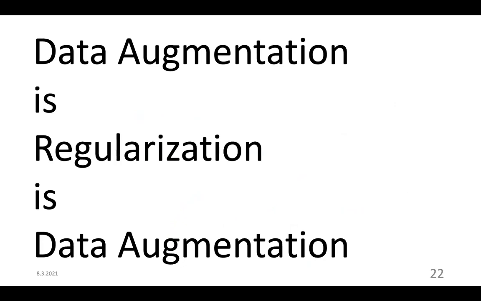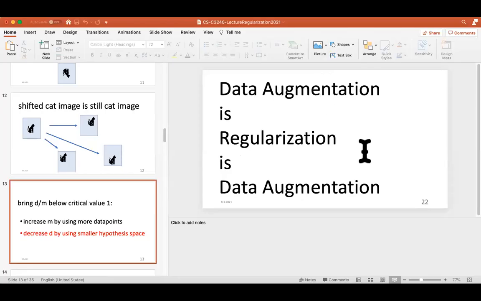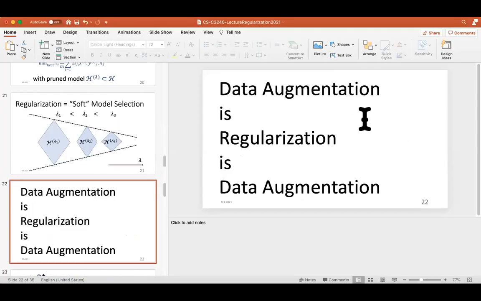Okay, I will stop here and continue this lecture on Wednesday. I just wanted to give you a first glimpse of the basic idea of data augmentation and regularization. We will then see in the Wednesday lecture that data augmentation and regularization are equivalent in a certain sense.